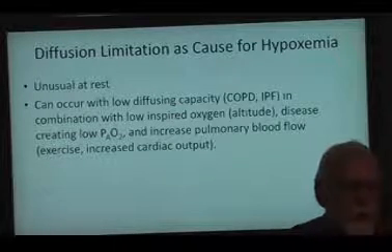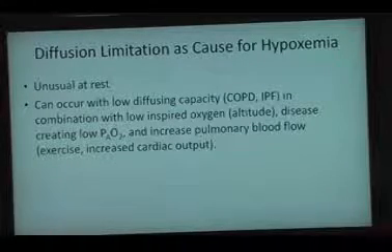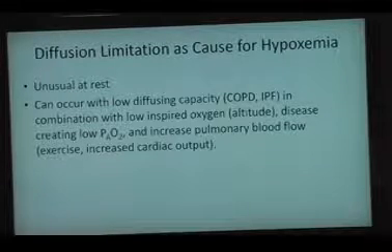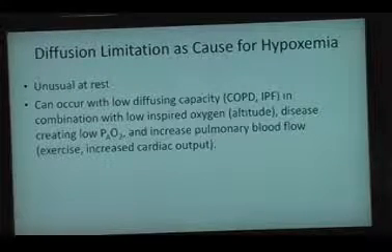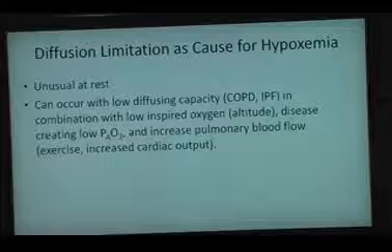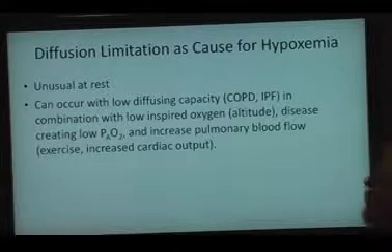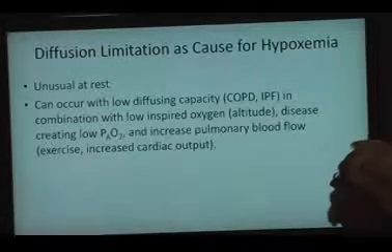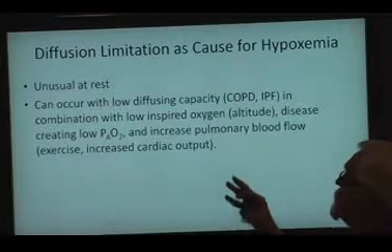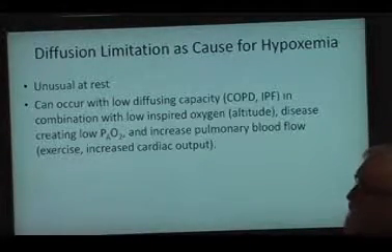So you need to have a very severely deranged, a very low DLCO in order for it to cause hypoxemia at rest. However, a low diffusing capacity can cause hypoxemia.